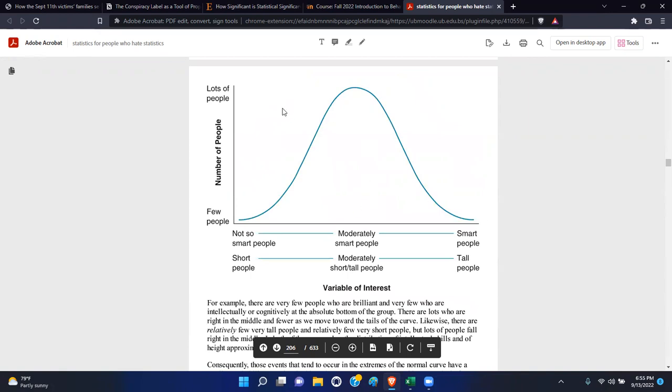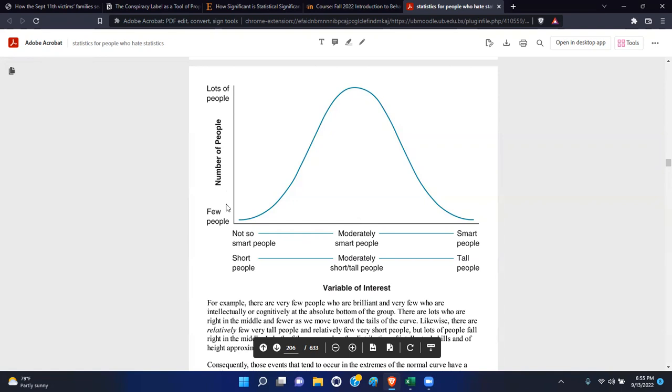So for example, one more time, the reason that you see the large hump in the middle is because it's a visual representation of the proportion of cases that you would see centering on the mean or the average, all three measures of central tendency. So you have moderately smart people, moderately short or tall people, how fast people can run, the average speed that people drive on a highway.